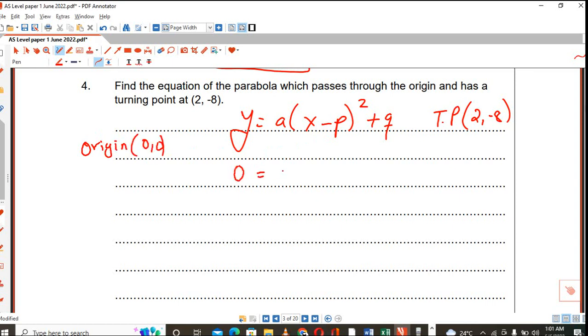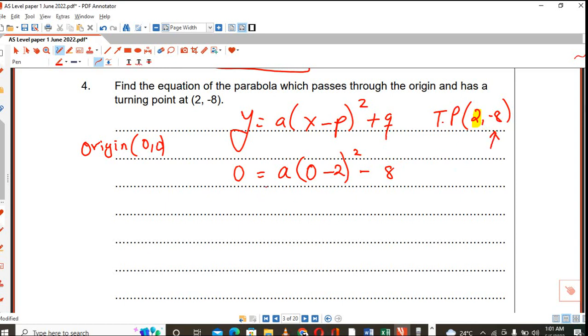So y is 0, and a we don't know. The x value is going to be 0, because everything is 0, minus, and here's the thing, my turning point value, so minus 2, all squared, and then the value of q is minus 8, also coming from there.